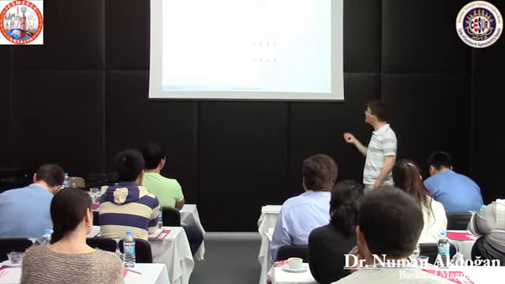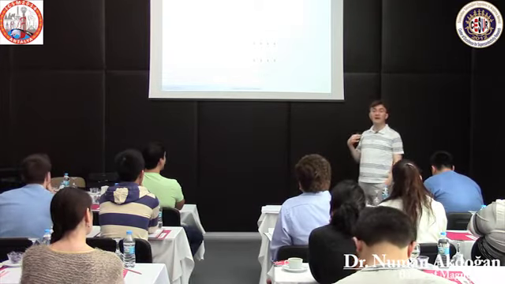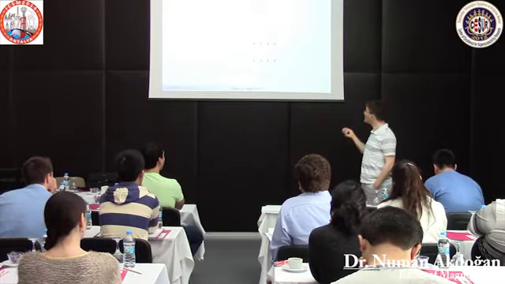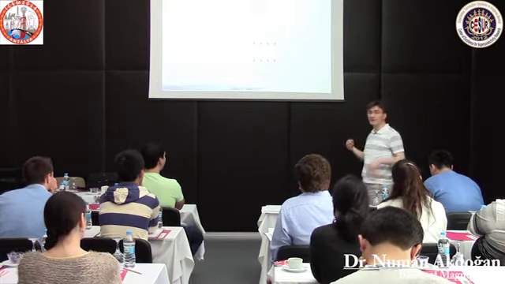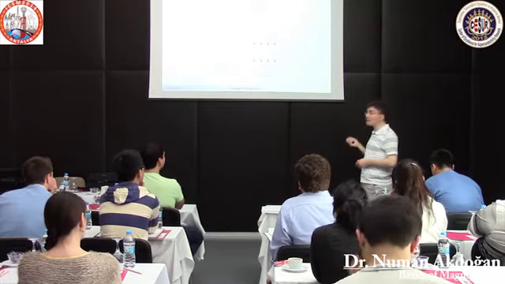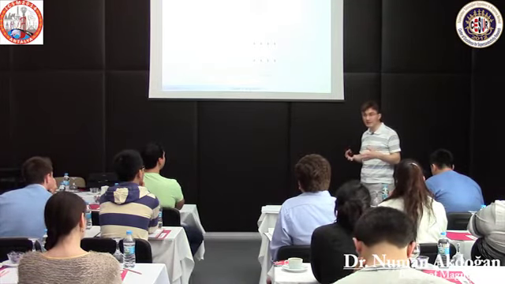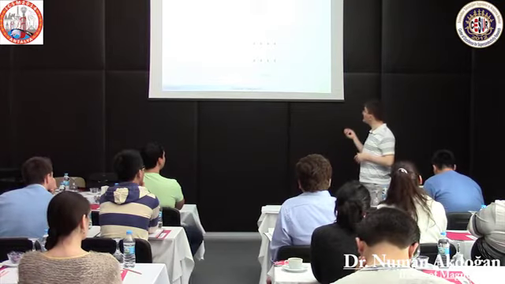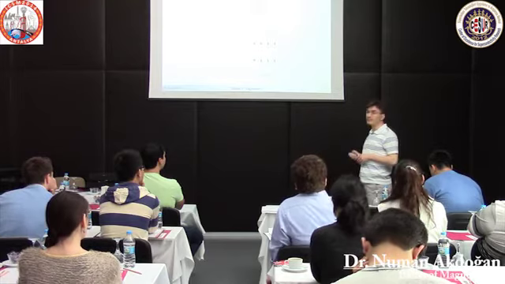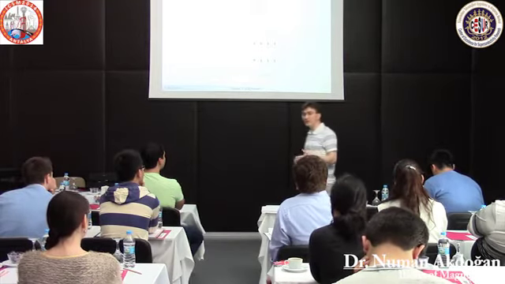In case of ferrimagnetism, again, we have a perfect order, but we have 2 sublattices. One sublattice is this one. They are ferromagnetically aligned, and the other one is this one. They are also ferromagnetically aligned, but the A sublattice and B sublattice are opposite to each other.